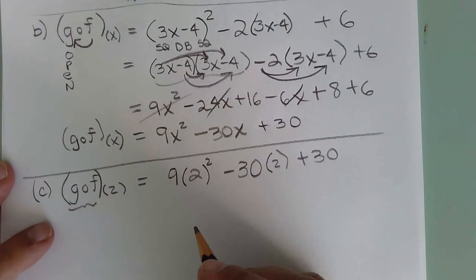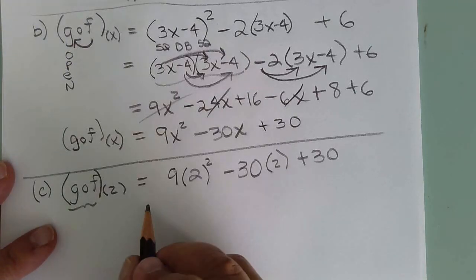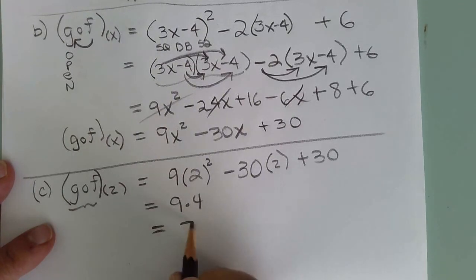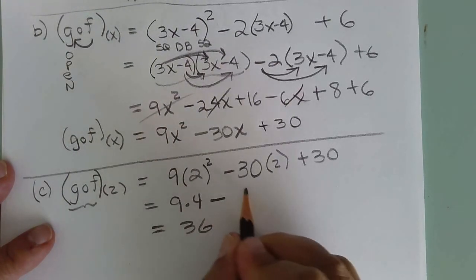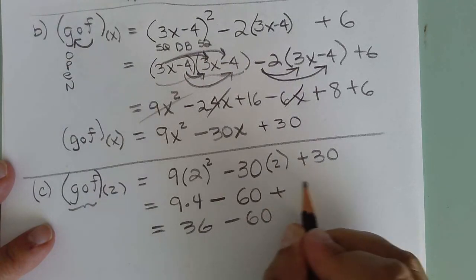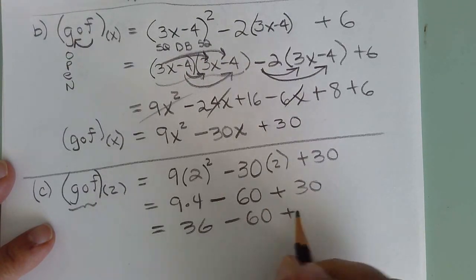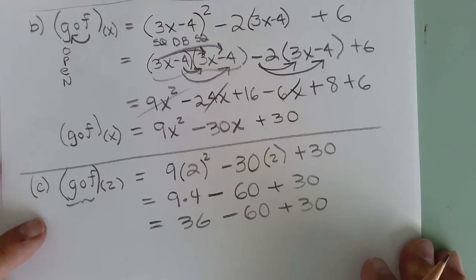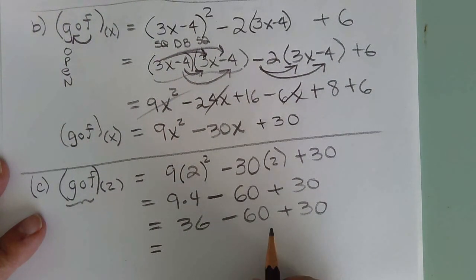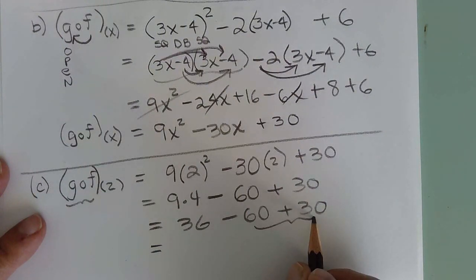I put in the 2. Okay, so this is going to be 9 times 4, which is 36, minus 60 plus 30. And you can put that in your calculator, but that's going to be, let's see, these two together would be negative 30.